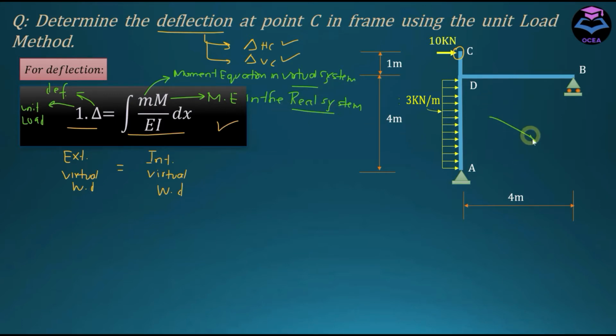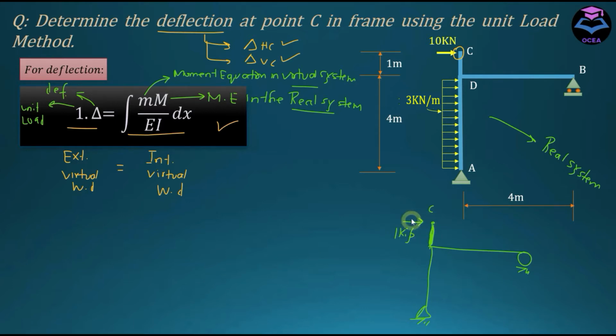This over here is the real system, in which the actual loads are applied. In the virtual system, we take the same structure and remove the actual loads, that is this UDL and this point load, and then we apply a unit load.